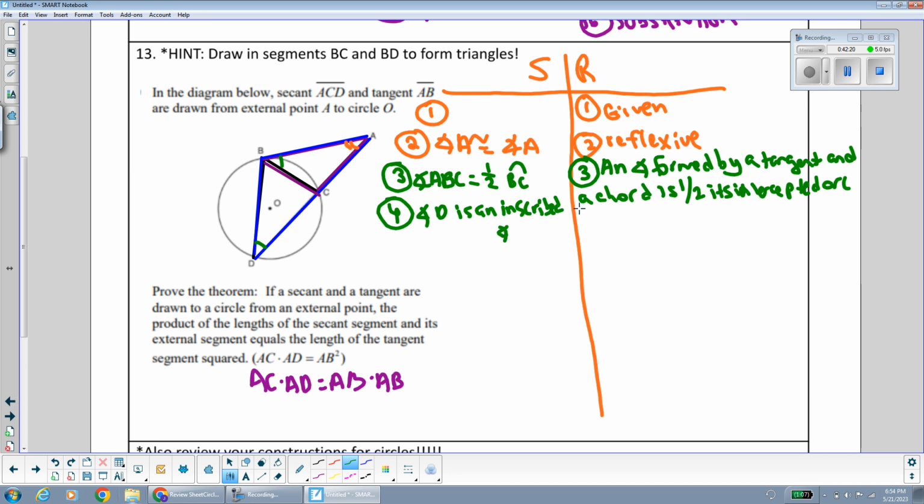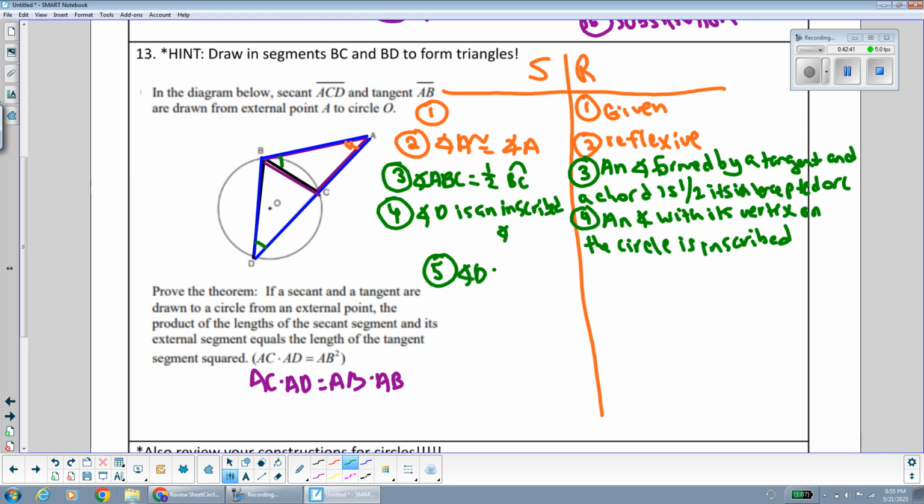And let me say also that angle D over here is an inscribed angle. And I know that because an angle with its vertex on the circle is inscribed. Since it's an inscribed angle, I know that angle D is half of its intercepted arc, which is also BC.